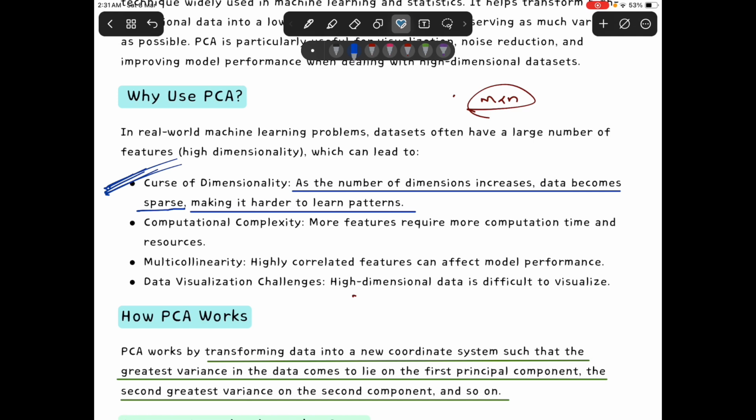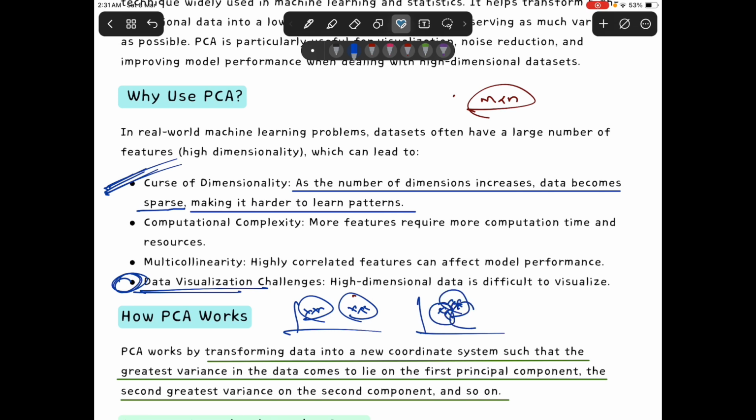The second importance of PCA is data visualization. If we have so many features, we can't visualize the data. If we have 2D, then we can obviously visualize the data. This is one cluster, this is another cluster. If we have 3D, this is one cluster, one cluster is behind this, and the third one is this.